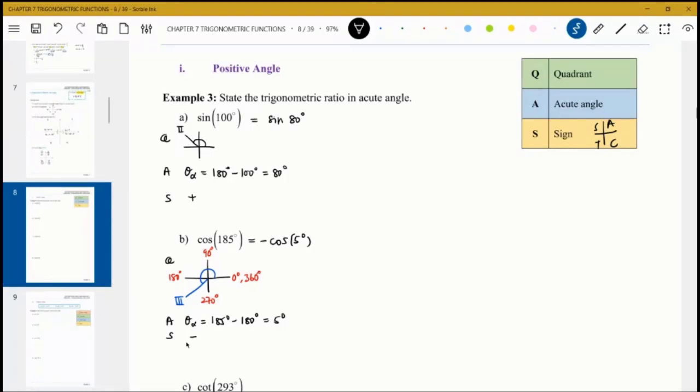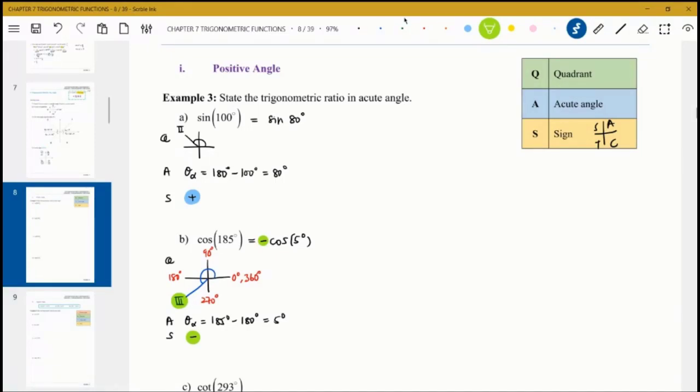Okay, so kalau yang ni positif kan? Sepatutnya di sini adalah positif, tapi kita tak letak positif. Kita akan biarkan saja sebab dia adalah positif. Kita akan remain. Kalau negatif di sini pun kena letak negatif. So sebabkan pada third quadrant, di sini kena ada negatif. Okay, itu adalah part B.